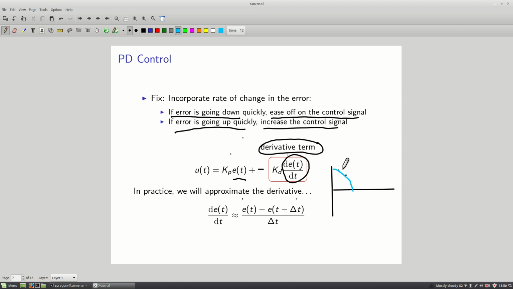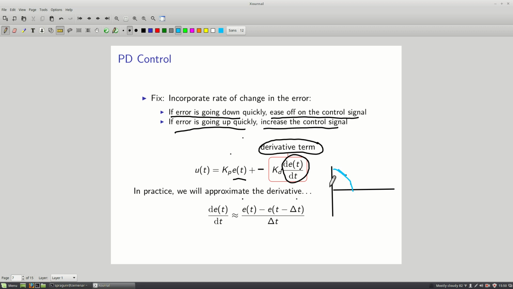So the goal is to calculate the derivative of this curve at these points, because we're going to need that in order to calculate this derivative term. We don't have access to that directly. The easiest way to estimate it is just to look at two subsequent points and estimate the derivative to be just the slope between those two points. And that's what's being expressed here.